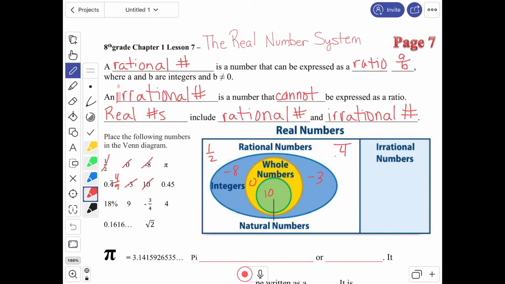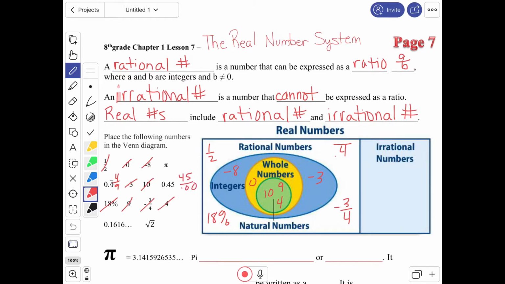18% could be written as 18/100, so that is a rational number. 9 is a natural number. -3/4, that's a fraction, and that would be rational. 4 is a natural number.